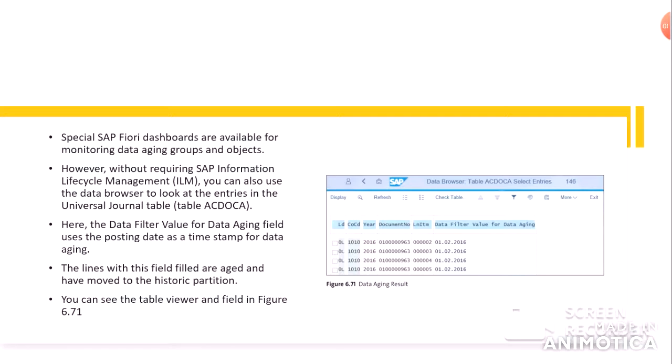The lines with this field filled are aged and have moved to the historic partition. You can see the table here and the field in figure 6.71. So when this field is updated, it is an indication that this document is already moved to the historic partition.